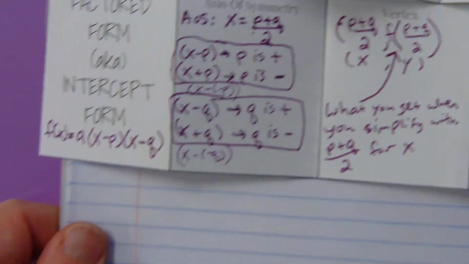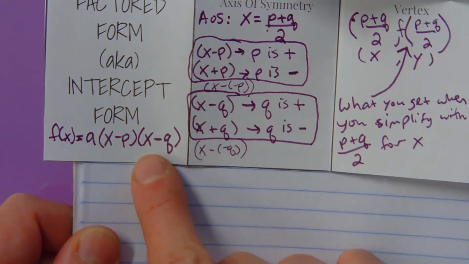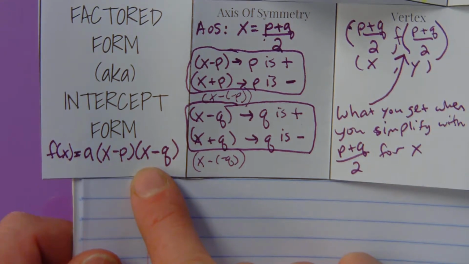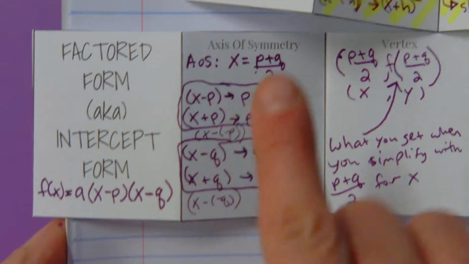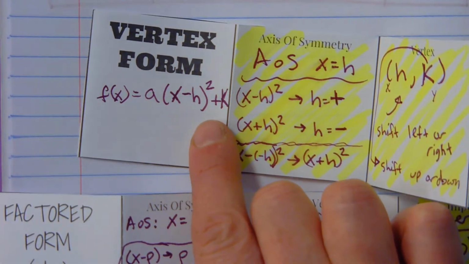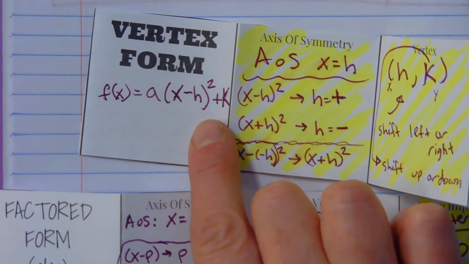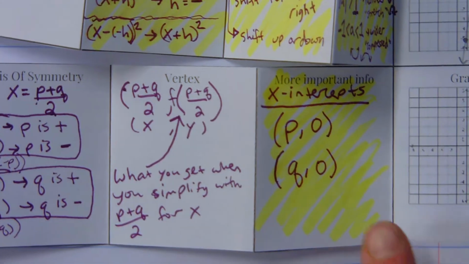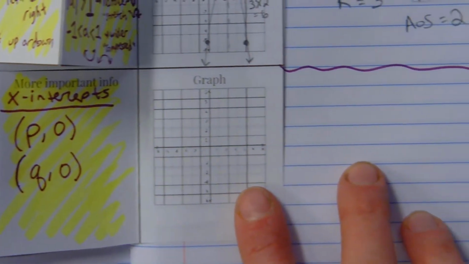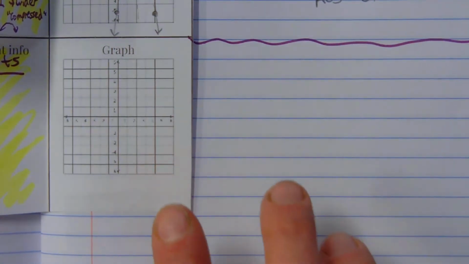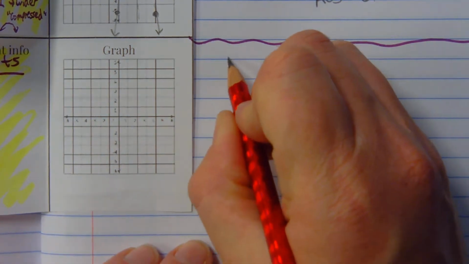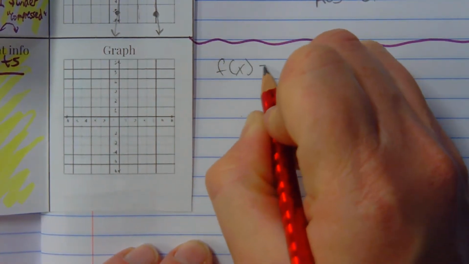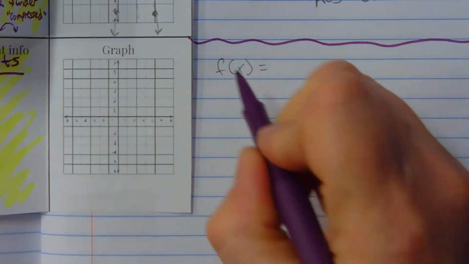Now we ended up with our intercept form, and the one in our warm-up we had perfect squares. So then we ended up with this form, which is our vertex form. So we're going to do a lot of practicing and going back and forth between the forms. All right, so let's do an example to make this make sense for us. So our example is f of x equals, I'm going to write that in pen so you can see this part better.